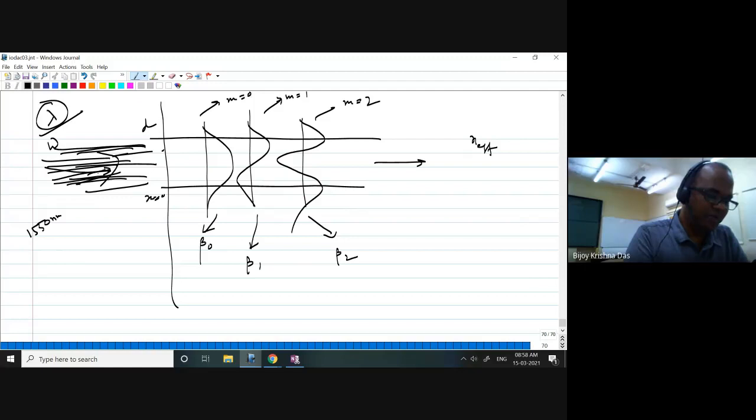I can have a beam coming here, something like that, and normally this theta handling is very difficult in practical situations. You have seen a laser pointer, some beam coming out, so that type of beam is there. You are shining here, something like that. So what will happen?